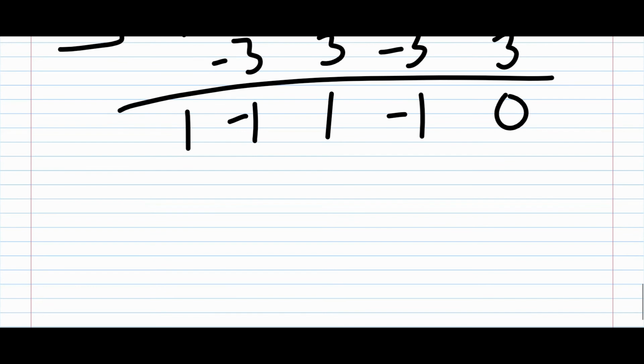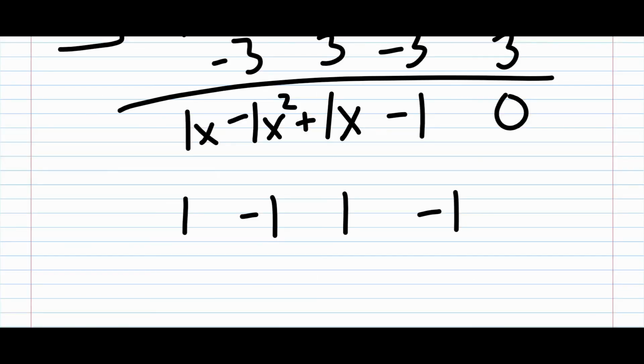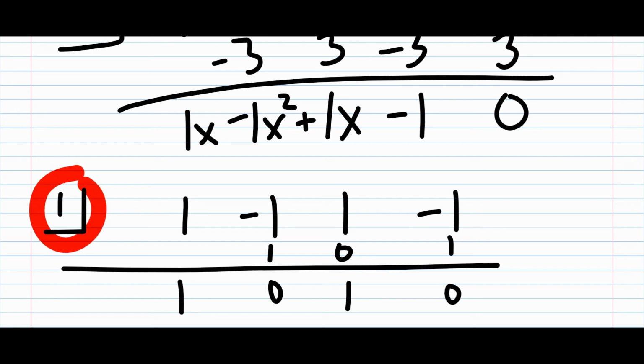And then as before, this leaves me with a polynomial that I can then do synthetic division on one more time. And my other 0, recall from the graph, was x equals 1. So performing the synthetic division, there's my remainder of 0, which tells me this actually was a 0.